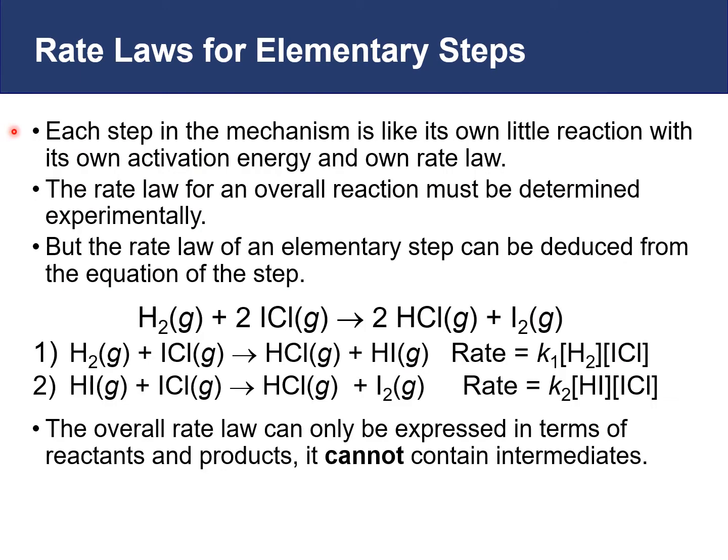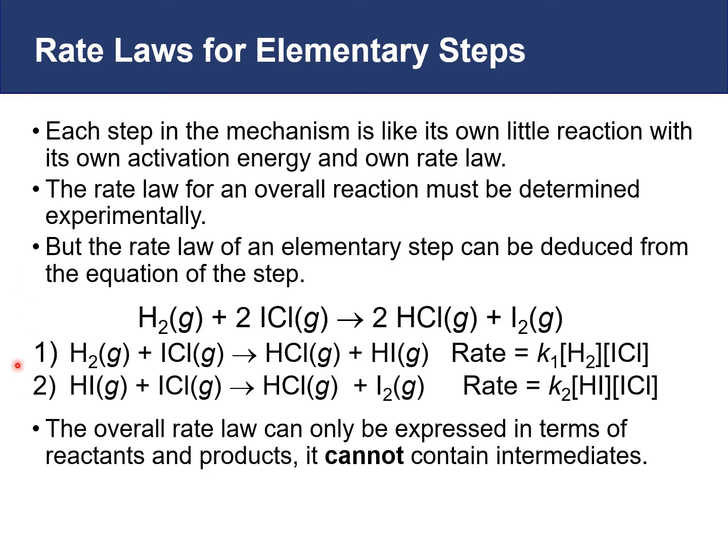Each one of these elementary reactions, each step in the mechanism, can be thought of as its own reaction, with its own activation energy and its own rate law. The rate law for the overall reaction needs to be determined experimentally. However, the rate law for the elementary steps can be deduced from the equation in the step.